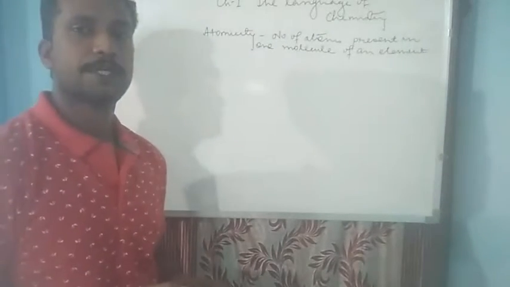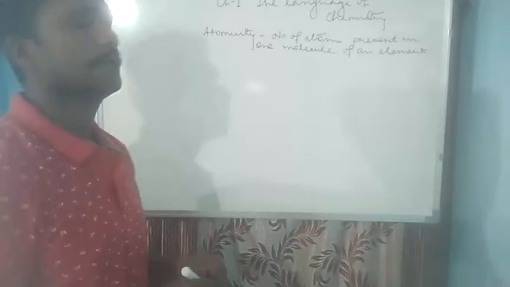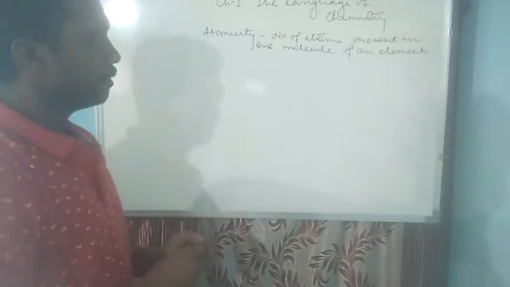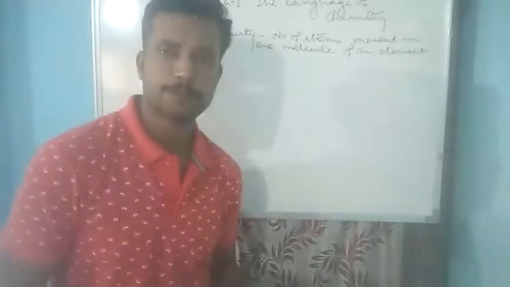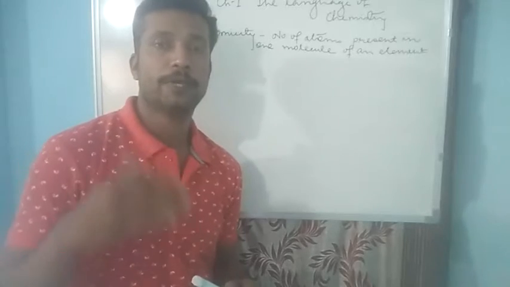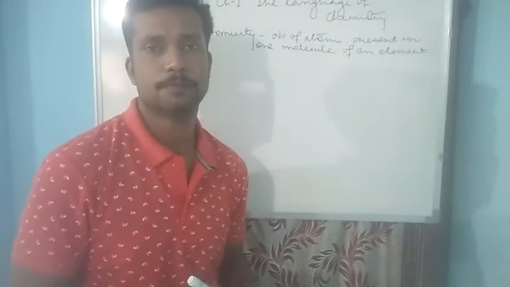The number of atoms present in one molecule of an element is called atomicity. Now, on the basis of the number of atoms present, we can have different types of molecules.